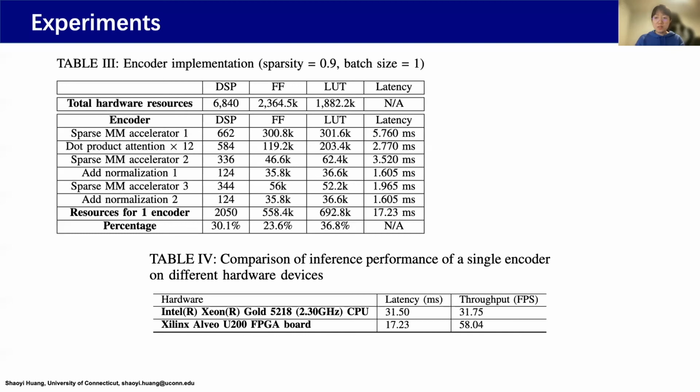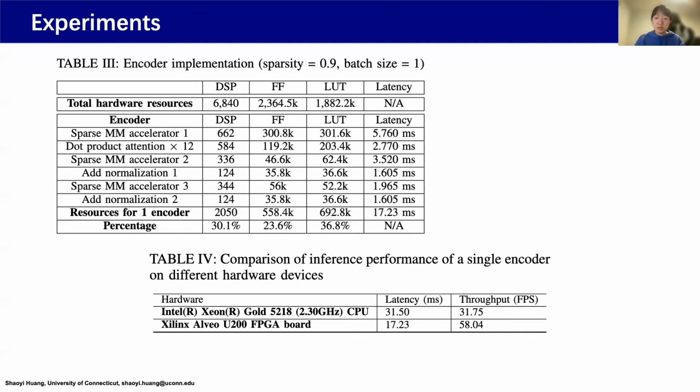The latency and throughput of the single encoder for the CPU and FPGA are listed in the table. As a result, we get a 1.83 times inference speedup on a single encoder compared to CPU.